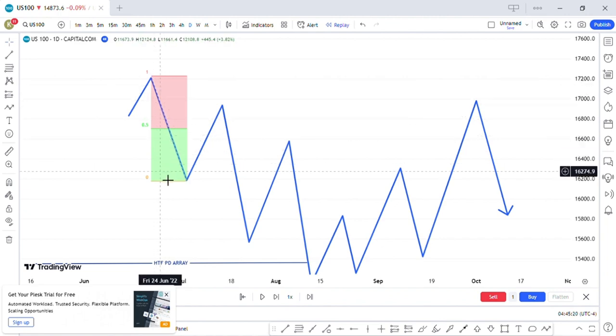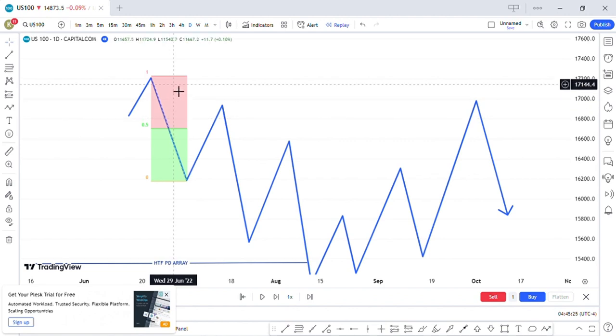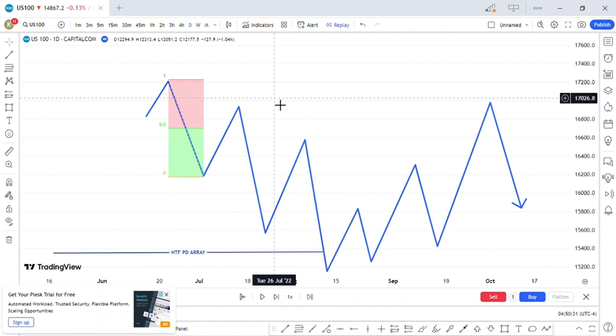So down here we have a discount market, and up here we have a premium market. Depending on the direction of the market, price will move from premium to discount or from discount to premium. For us to catch high probability trades, we need to sell in a premium market and buy in a discounted market.